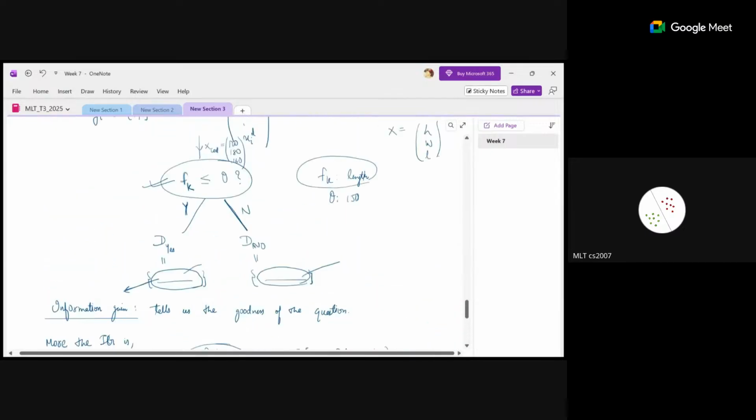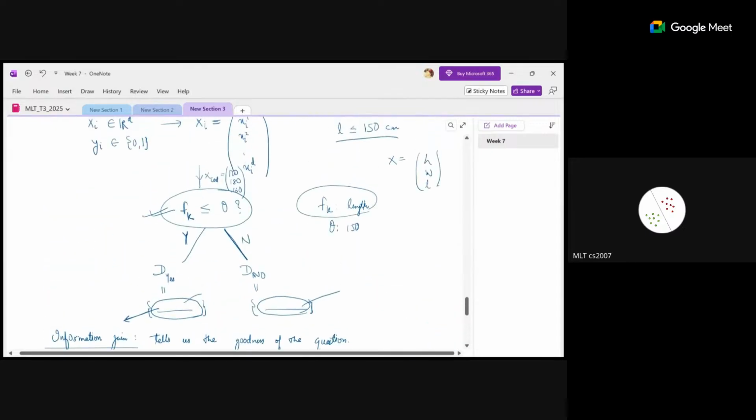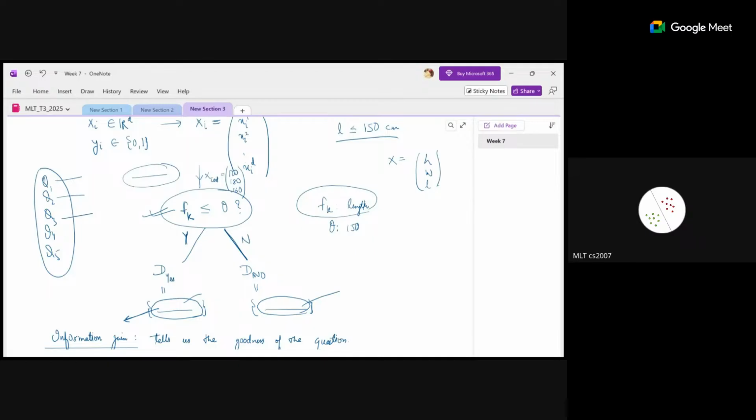Let's say I am given a set of questions: question 1, question 2, question 3, question 4, question 5. We have to decide which question goes in the parent node. So I will compute the information gain for each of these questions, and whichever question has the highest information gain will go to my parent node.